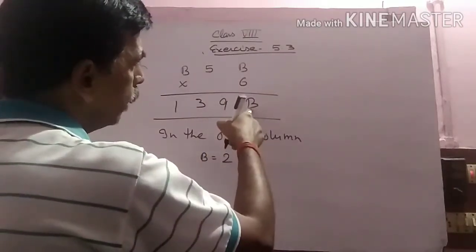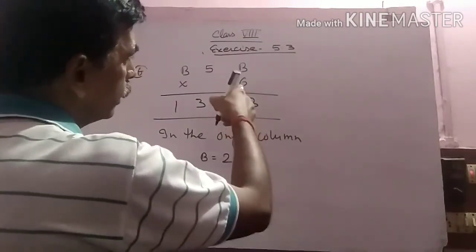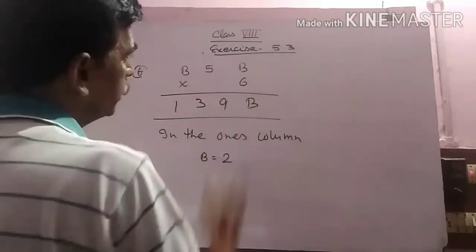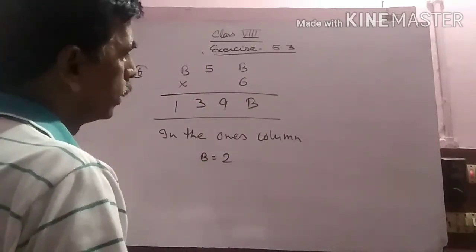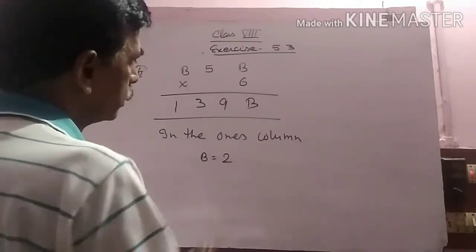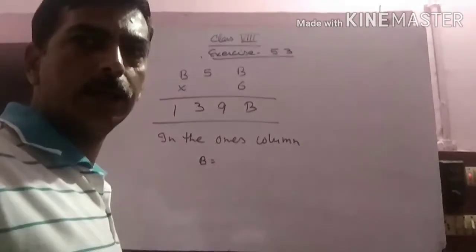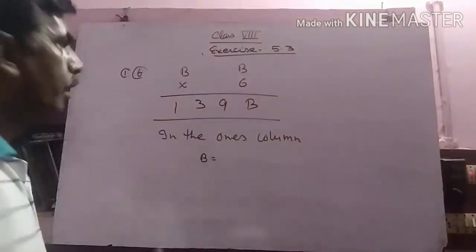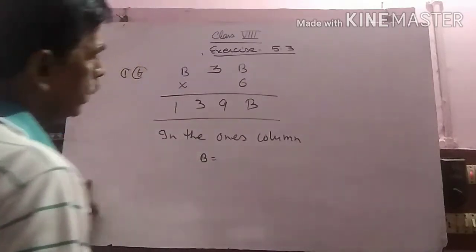So 2 becomes here. Okay. 1 is going to be carried. 6 times 5 is 30 plus 1. So it means this place can't be 2. Okay. So I have written the question wrong. Actually 3 is here. Okay.